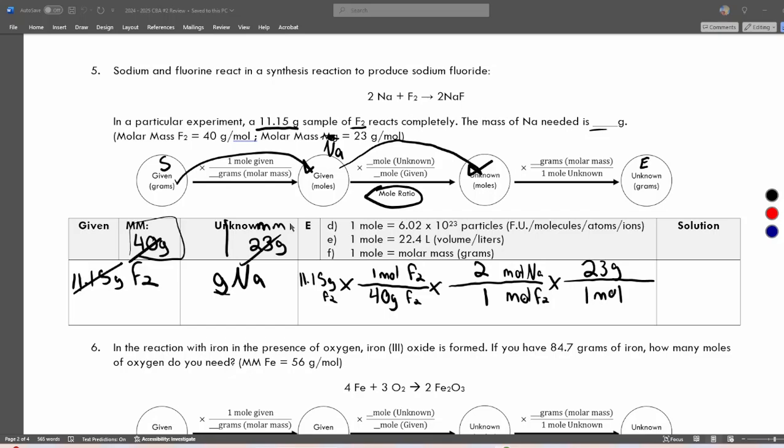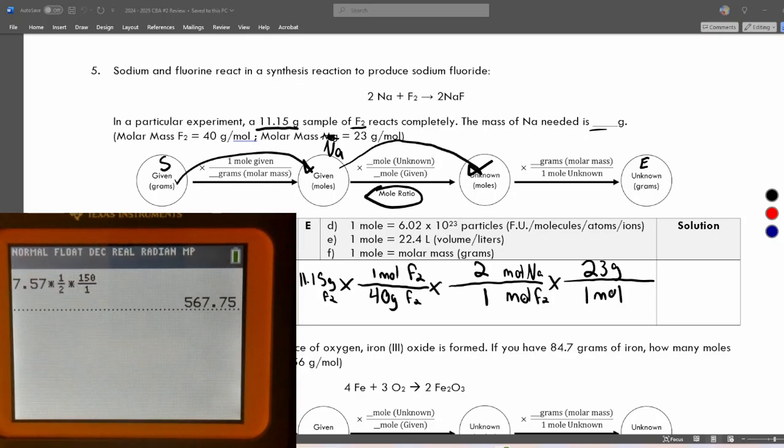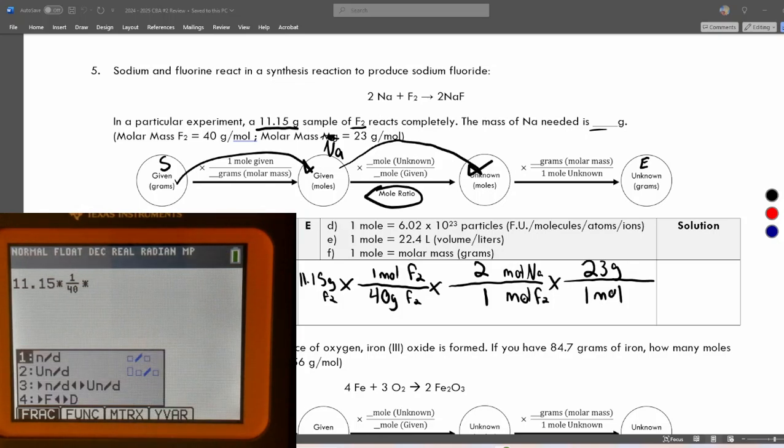Let's put this into our calculator. 11.15 times a fraction. My first fraction is 1 over 40 grams times another fraction. This fraction is 2 over 1 times my final fraction.